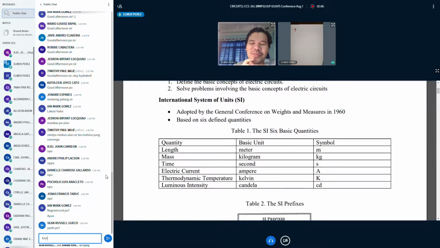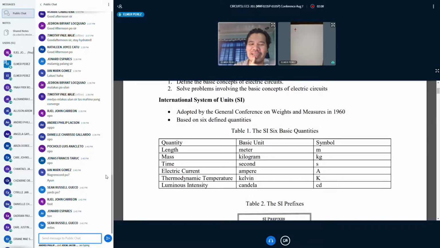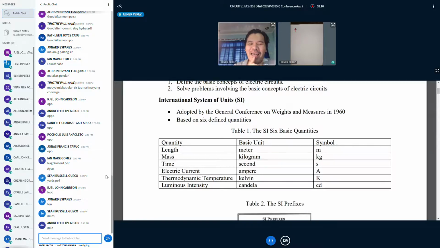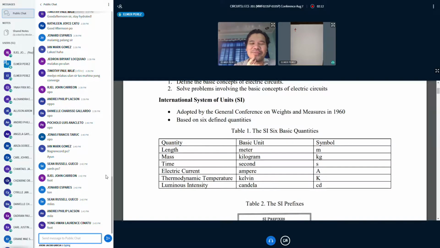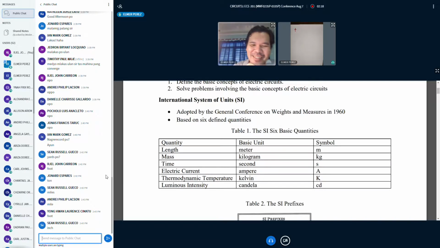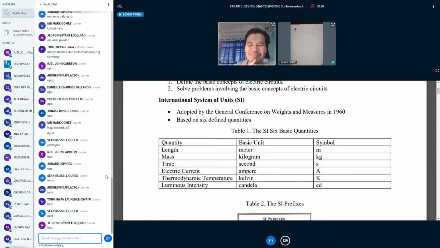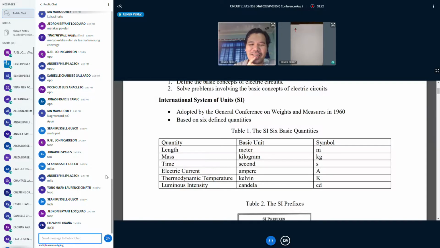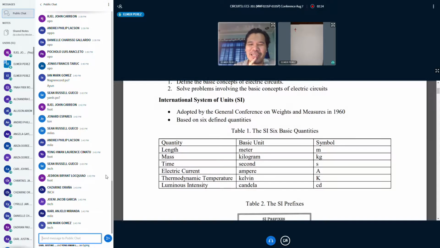Yards. We don't normally use yards. Ayan. Foot. Foot, miles, ton. Ton is somewhat in SI. Inch is masyadong maliit.